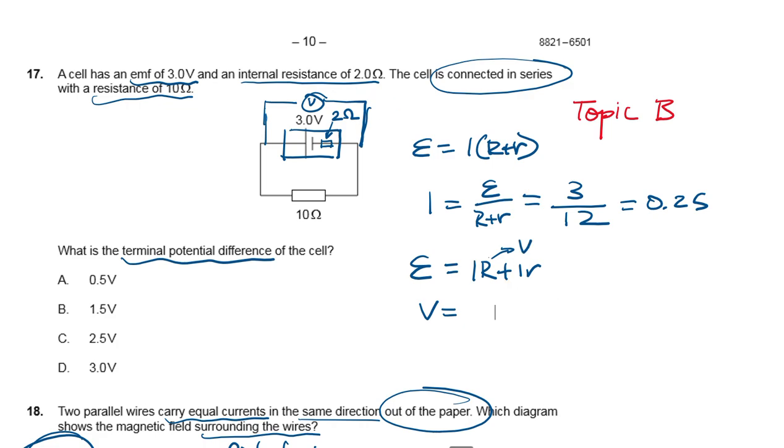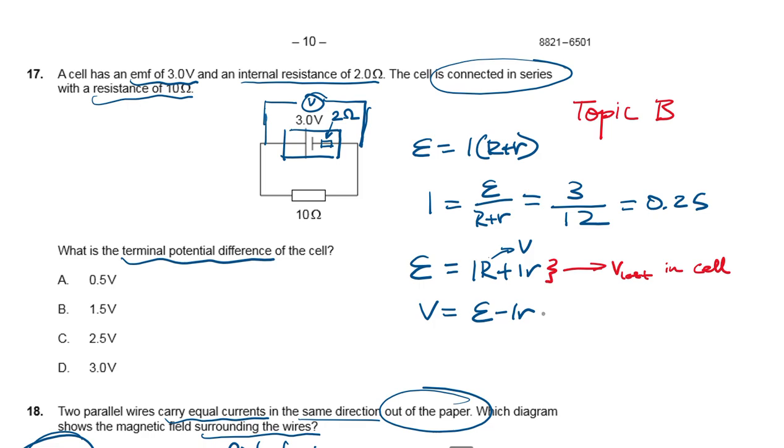And this is the voltage across the cell and on the whole circuit, because this is in series, right? And this is our voltage lost in our cell. And so we want to subtract that from our EMF, right?